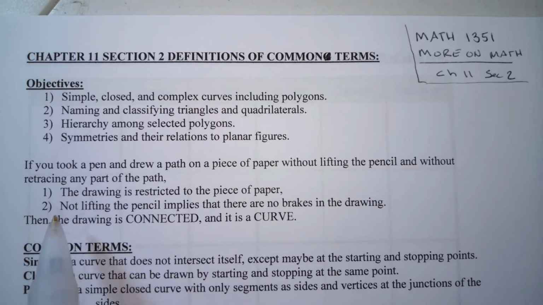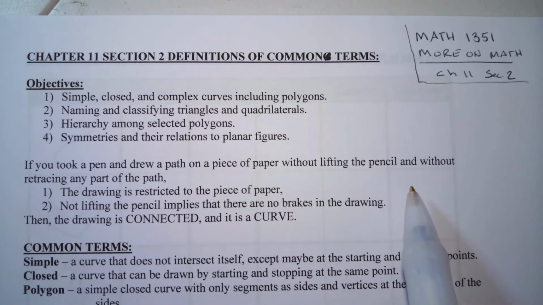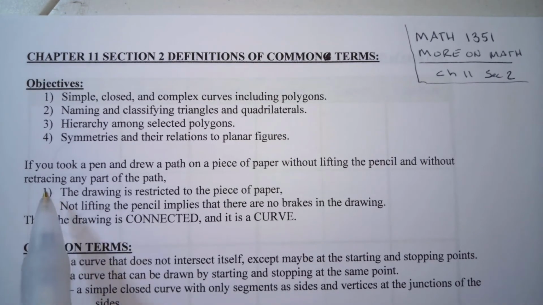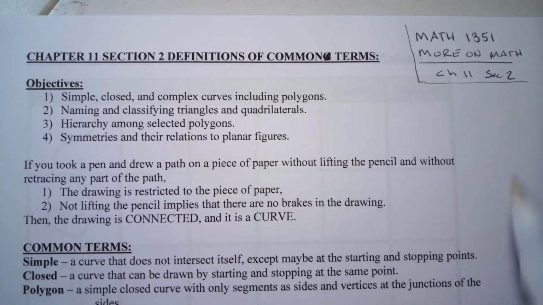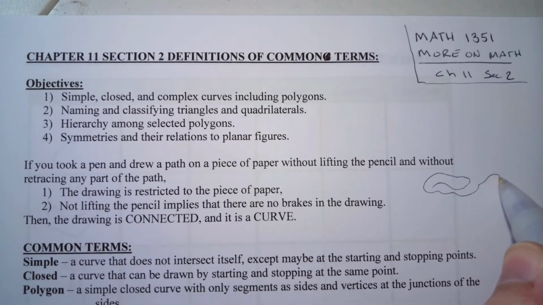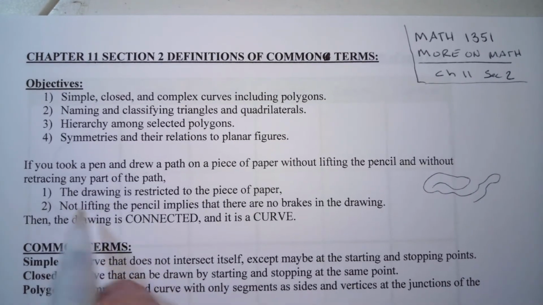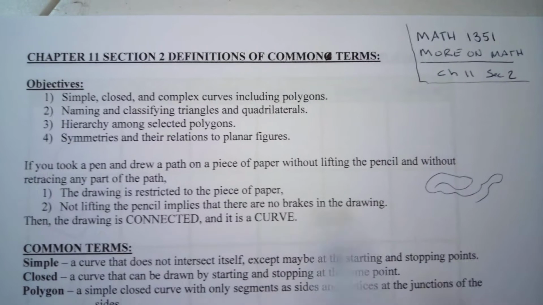So, if we took a pen and drew a path on a piece of paper without lifting the pencil, and without retracing any part of the path, so in other words, if we start somewhere and keep on going, then a couple things happen. The drawing is restricted to the piece of paper. True, I can't go outside the paper, I can't go above the paper.